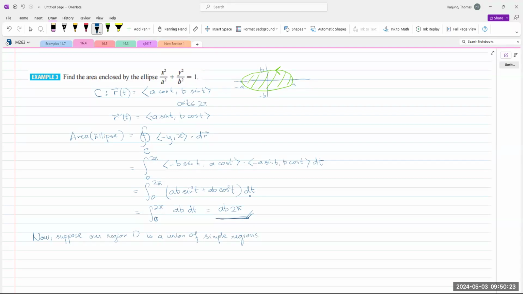Maybe to be more precise, our region D is not simple, but we can see that as a union of simple regions.